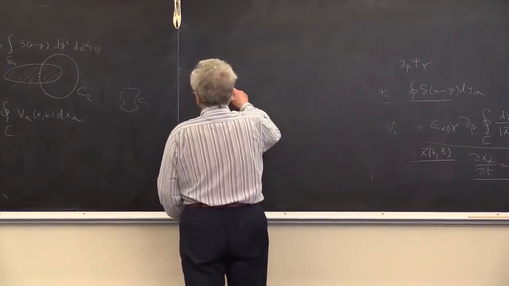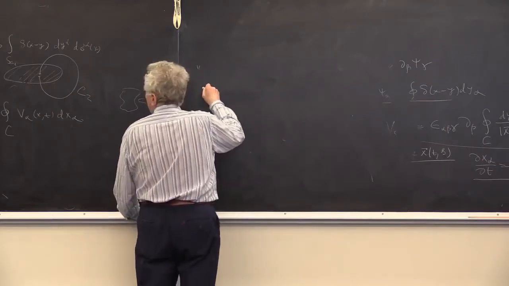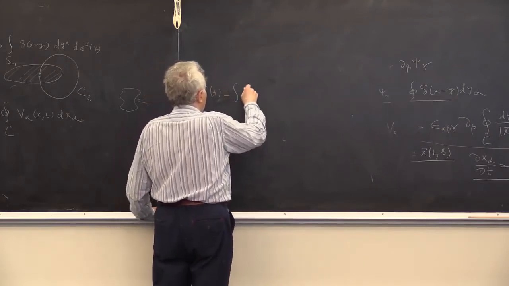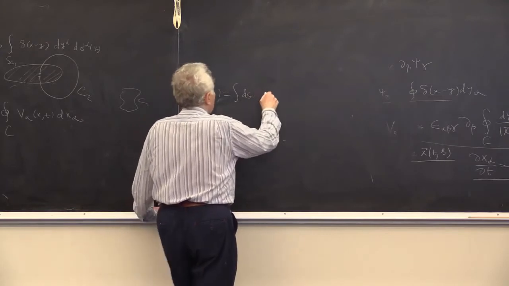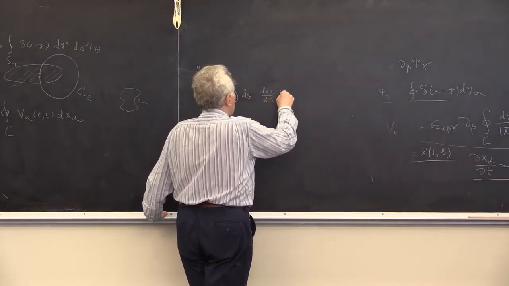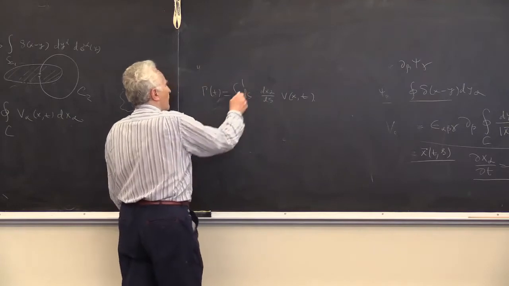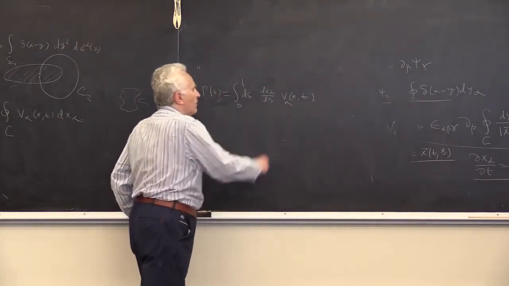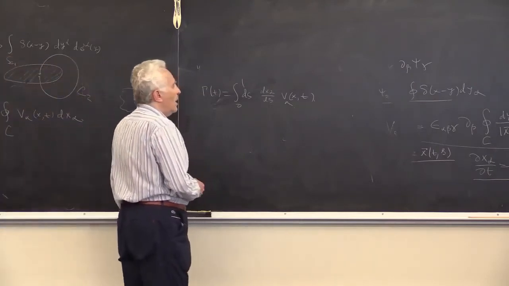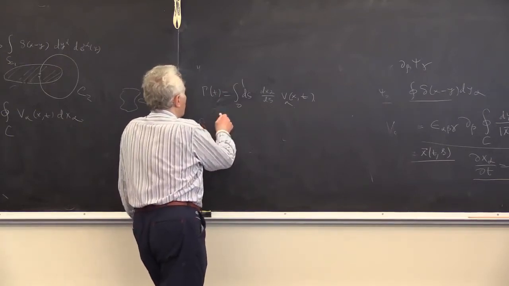So we have to see how this thing varies with time. I shall rewrite it as an integral over ds, dx alpha ds, v alpha of x on t. And let's look how it varies when we take the change of the contour.